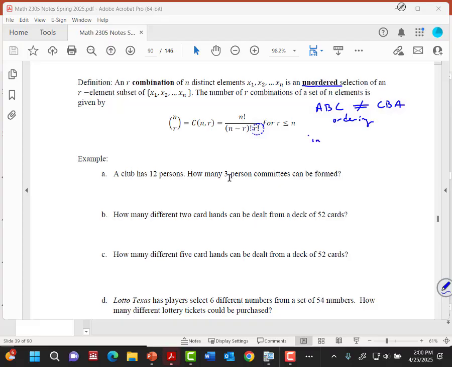However, in a combination, we would consider ABC to be equivalent to CBA because they are the exact same 3 elements and the order is irrelevant, or the order does not matter. So let's take a look at several examples.